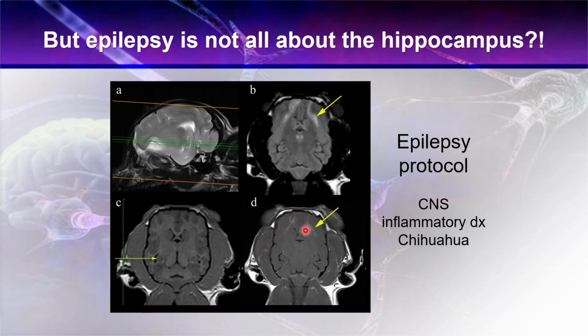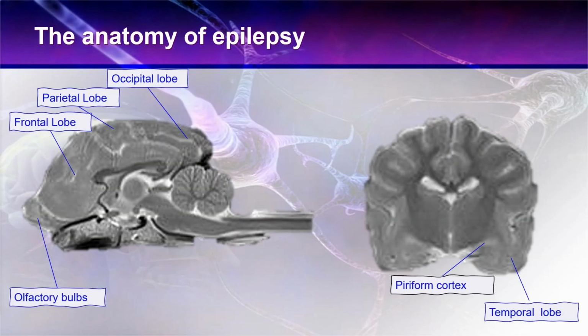And we can see the contrast uptake here and the edema here in the FLAIR image, which is highlighting that this dog had inflammatory disease. So when you're making your images and assessing them, you really want to make sure that you look at all areas to do with epilepsy. So the occipital lobe, parietal lobe, frontal lobe, olfactory bulbs, piriform cortex, and the temporal lobe.